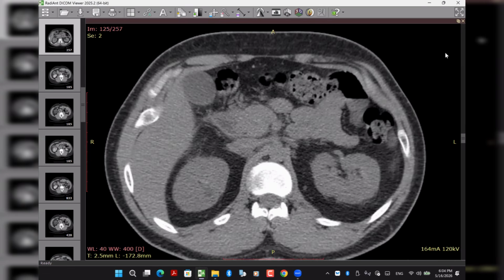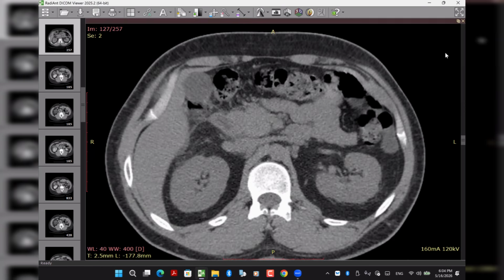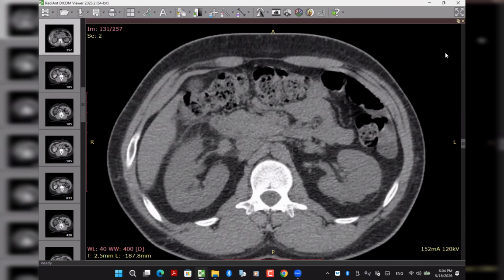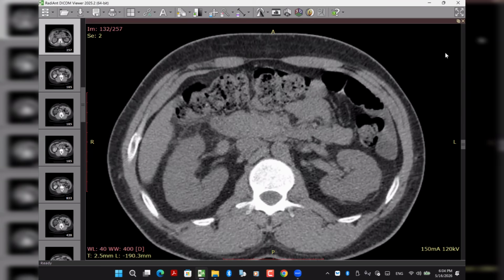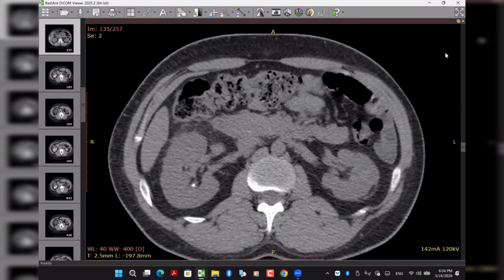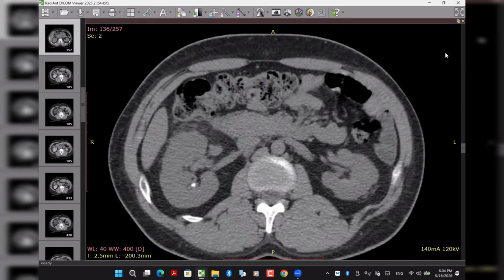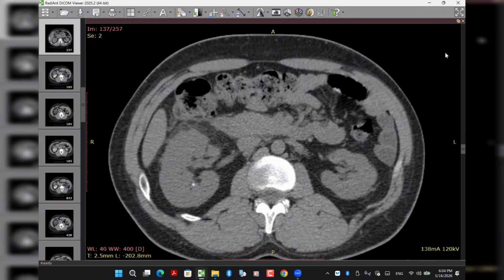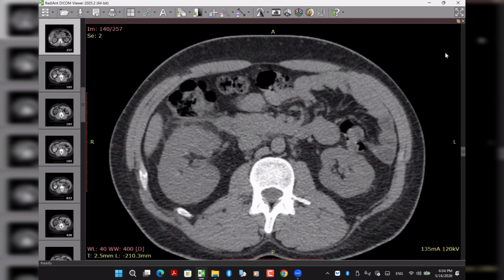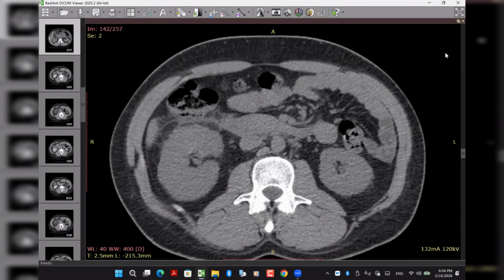So I've noticed a small non-obstructive calculus in the left kidney. There's also some hypodensity which I saw in the right kidney, but I will come back to that. I think there's also maybe mild enlargement of the right kidney and also a small calculus on the right side.